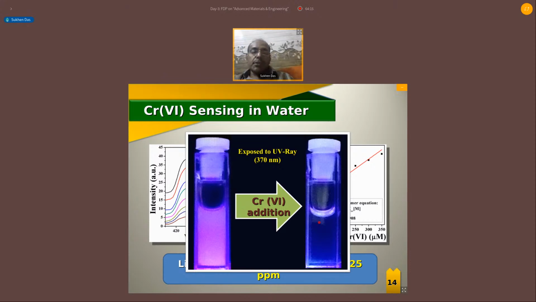So if there is no fluorescence in our sample, then we can conclude that there is chromium in the solution. And if the fluorescence property is not hampered in any way, then we can say that the sample which we are adding to our solution doesn't have any chromium.